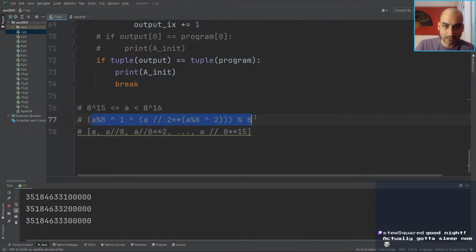I don't think it is though, because that formula, I feel like it just involves all digits. Well, no, 8%, that just involves the last digits, but then this.